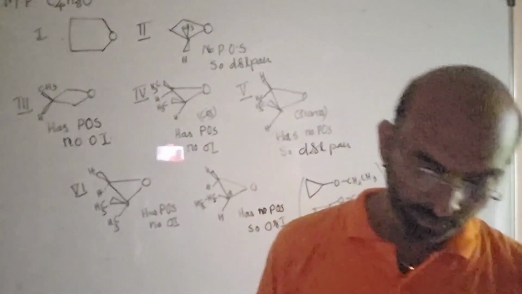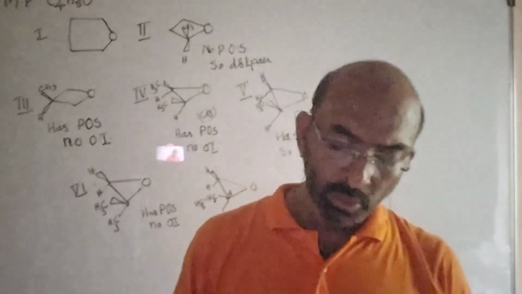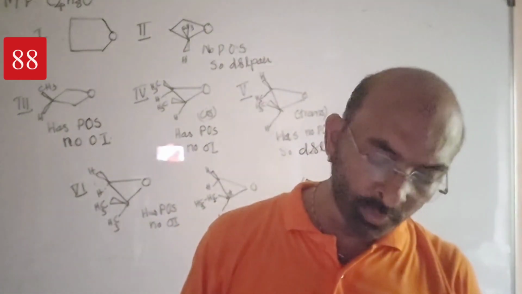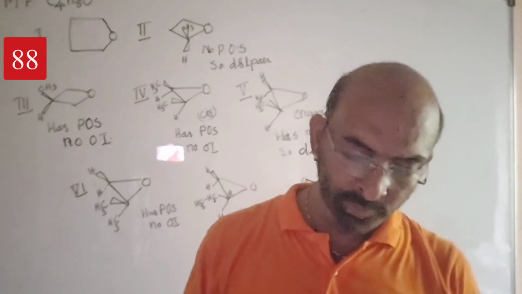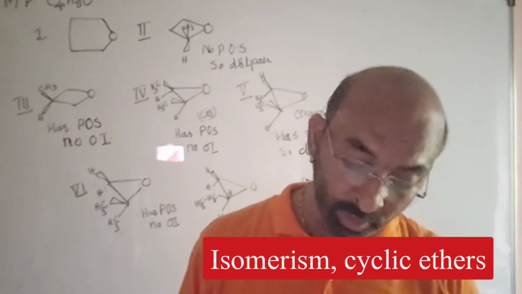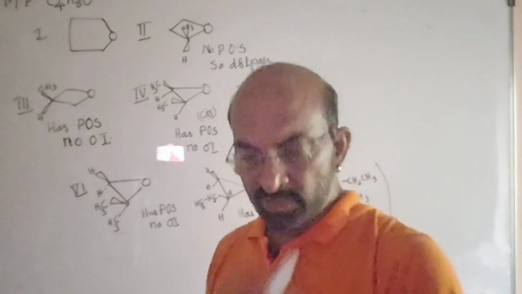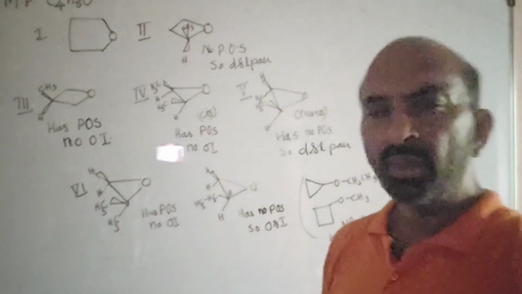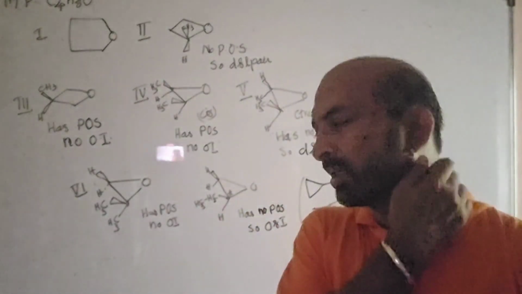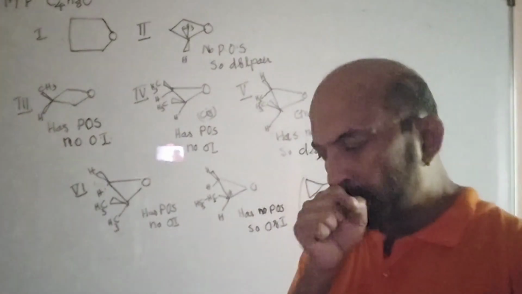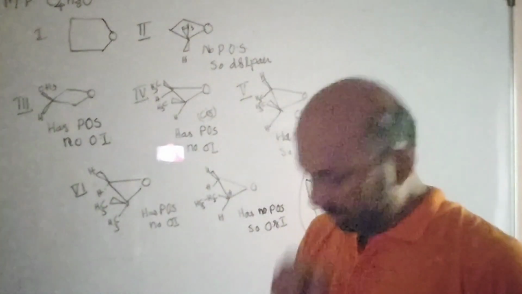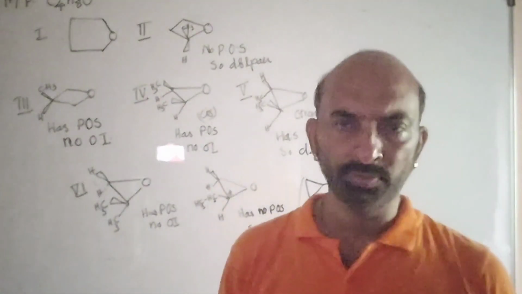The next question, number 88: total number of possible isomers, both structural as well as stereoisomers, of cyclic ethers of molecular formula C4H8O. This can be said to be from the hydrocarbon chapter, or ethers, or even haloalkanes and haloarenes where we study stereoisomers.